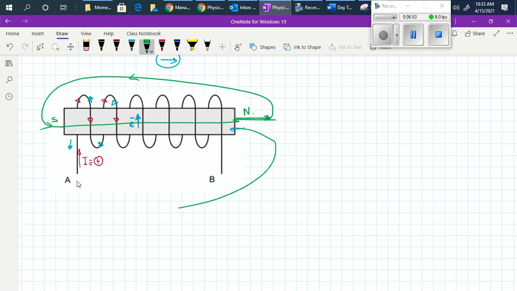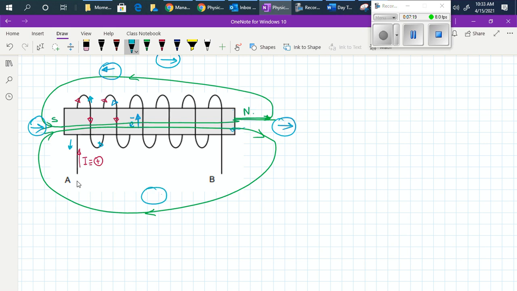Go from here and south here, here, and so if you place a compass at this position, then north of the compass will be this way, north of the compass up will be this way, north of the compass in this direction will be this way, and north of the compass will be this way.